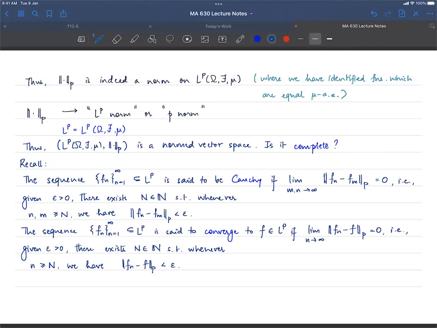Okay, so that's what we mean by a sequence being convergent.